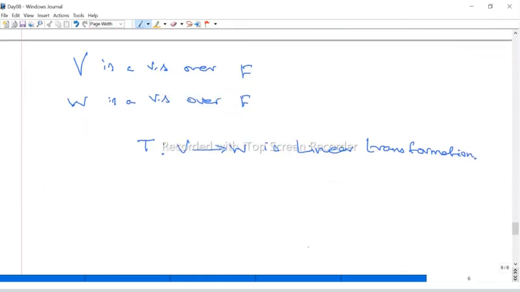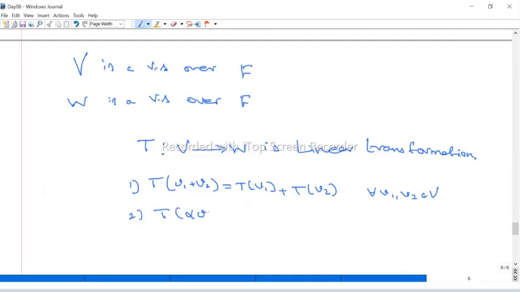The first condition: T of v1 plus v2 should satisfy T of v1 plus T of v2. This is true for every v1, v2 from the domain. The second condition: T of a scalar alpha times v equals alpha times T of v. You can take alpha outside.